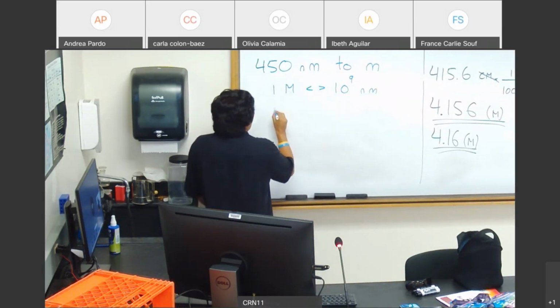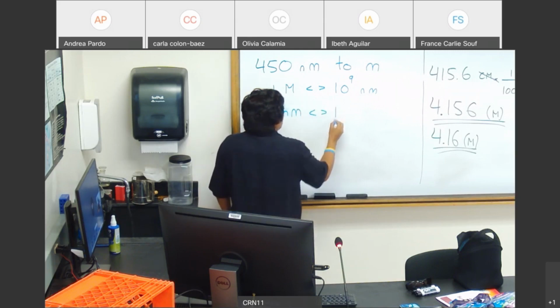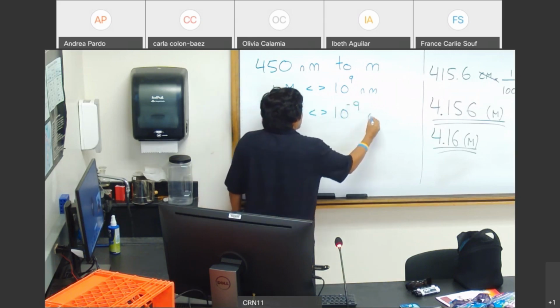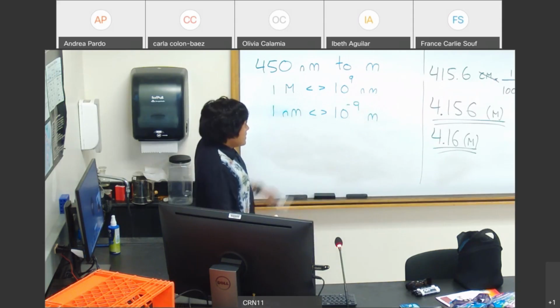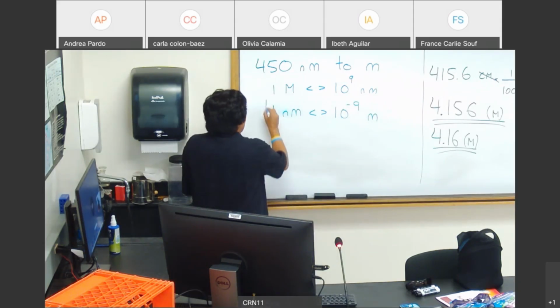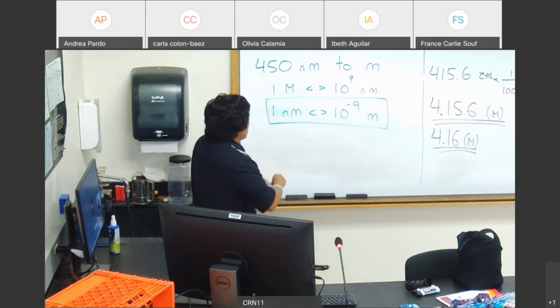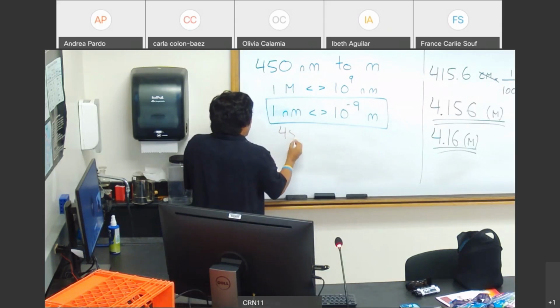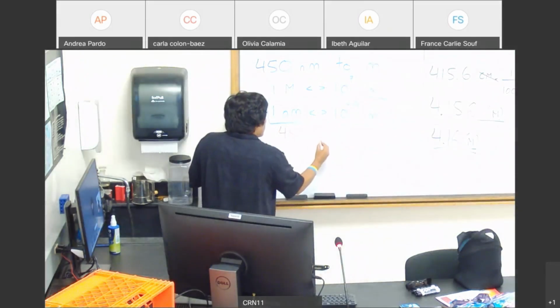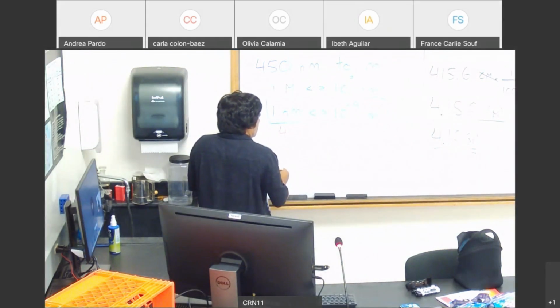But you can also say that 1 nanometer is equivalent to 10 to the negative 9 meters. Can do it like that as well. In fact, if you just use this, you have 450 nanometers.